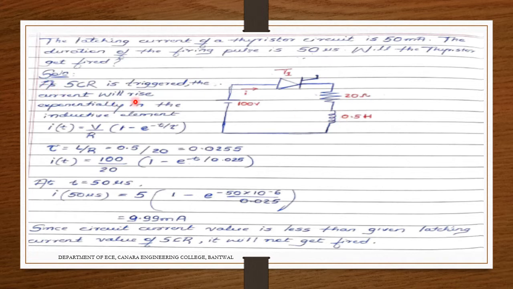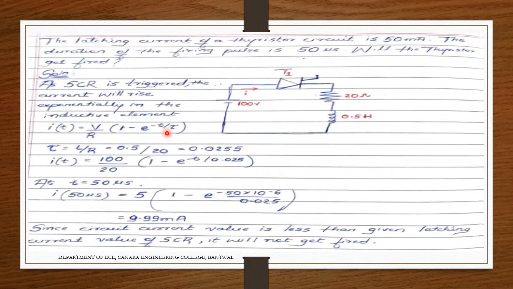Okay, when the SCR is triggered, the current will rise exponentially because of the presence of the inductive element. So now I have to find i of t. i of t is equal to V by R, that is voltage divided by resistance, into 1 minus e to the power of minus t divided by tau.